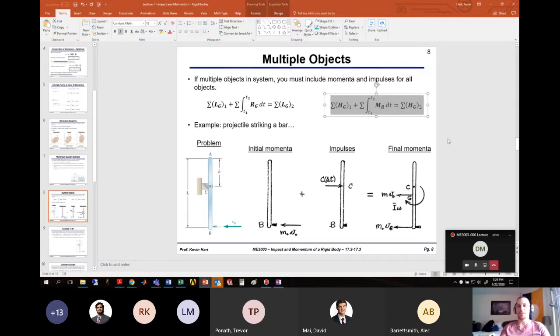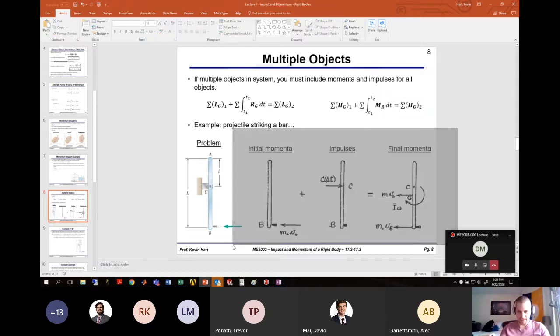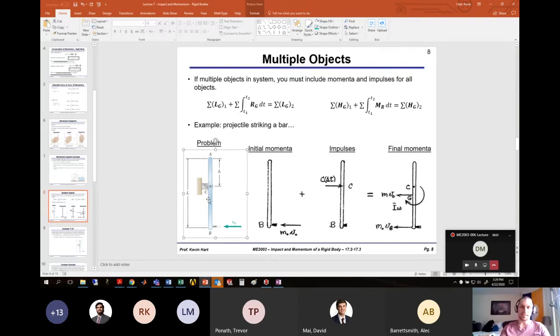So our diagram might look like this if we have a situation like this. The problem might be a bullet striking a plate that initially has no velocity. So the bullet has velocity coming in and it's striking a stationary plate. Initially the bullet is going to strike this object. It itself has some linear momentum.